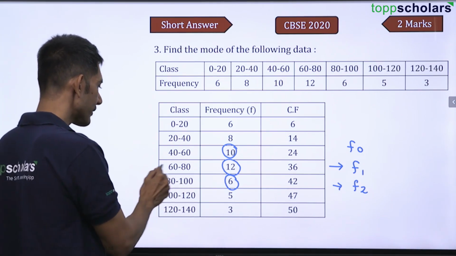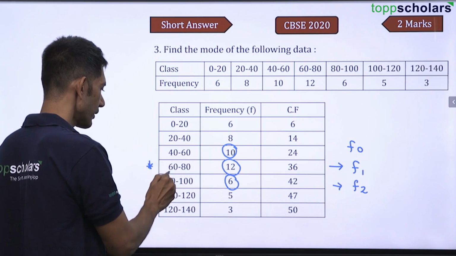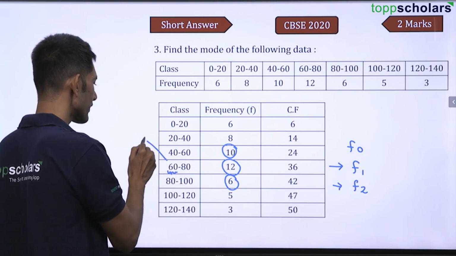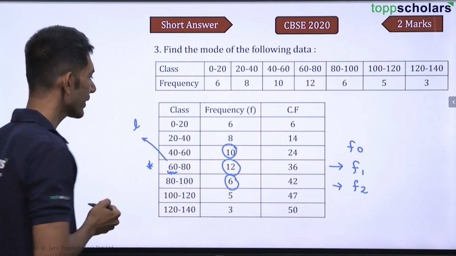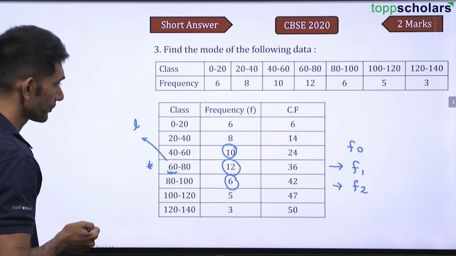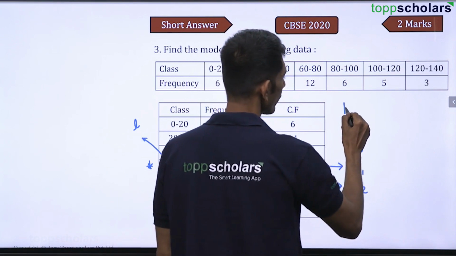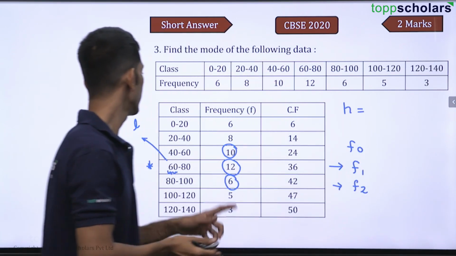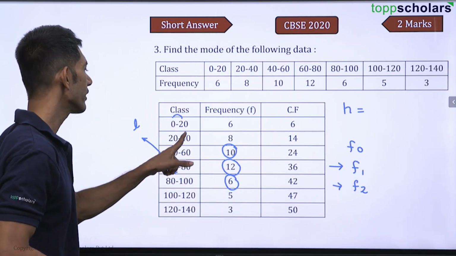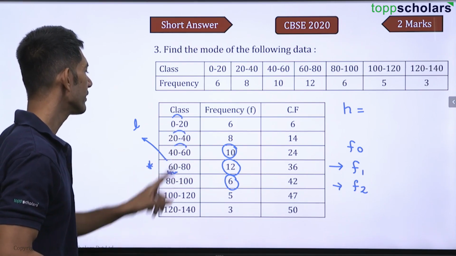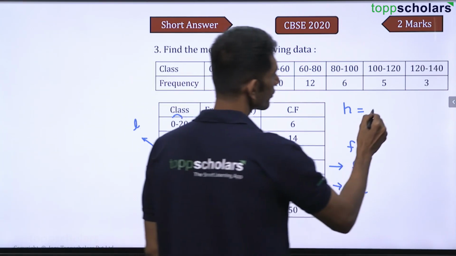Then we have this as the modal class. So we have the lower limit of the modal class, which is 60. So that is your L, right? And what is the H? H is the class width. So H will be equal to, see the gap, 20 minus 0 is 20, 40 minus 20 is 20, 60 minus 40 is 20. So H is 20.